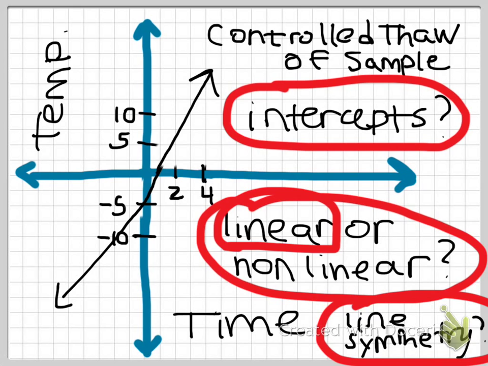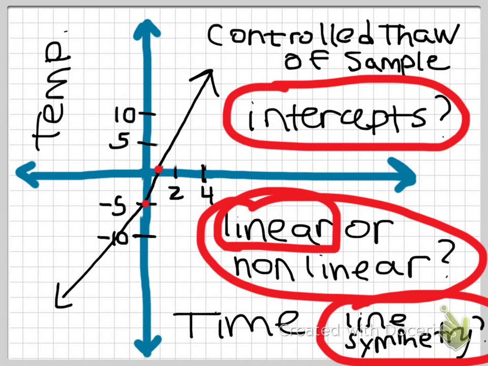Then we want to look at the intercepts. The intercepts are where either the x-axis is crossed, which is the x-intercept, or the y-axis is crossed, which is the y-intercept. So in this particular case, the x-intercept would be right here, and the y-intercept would be right here.